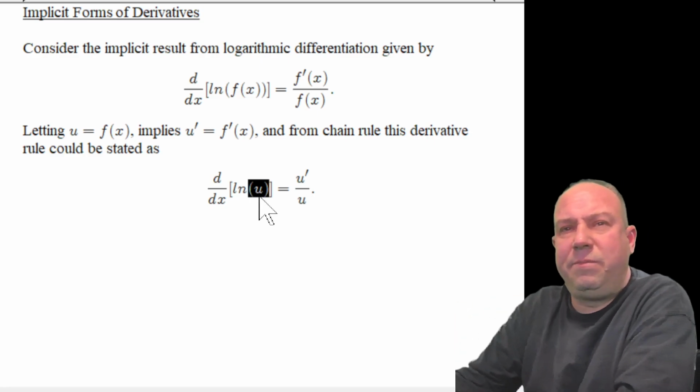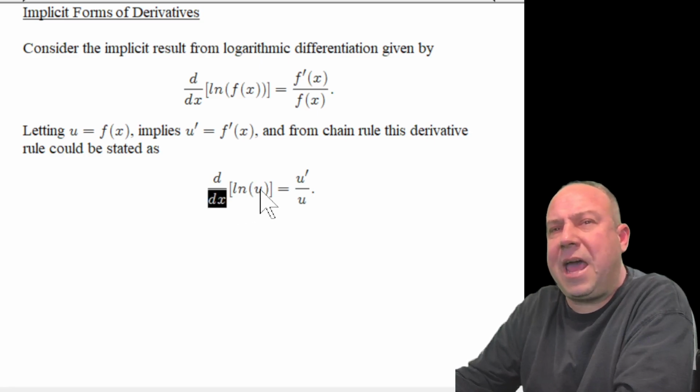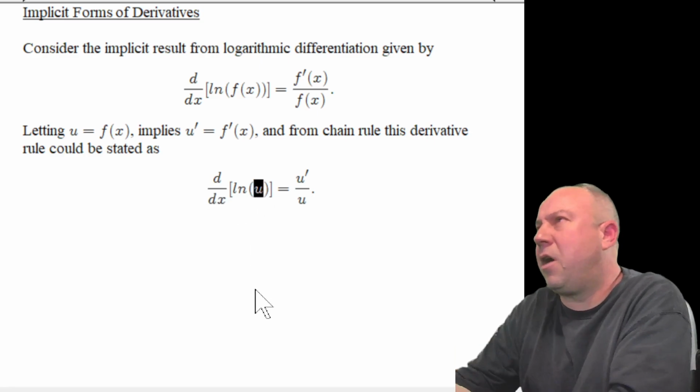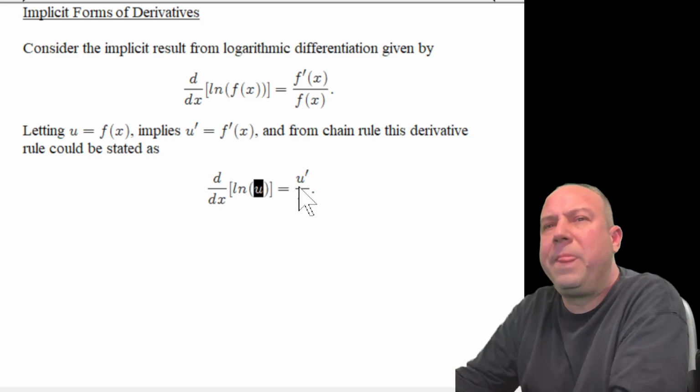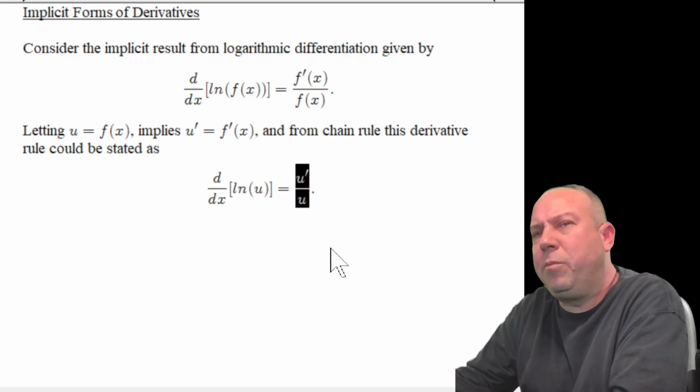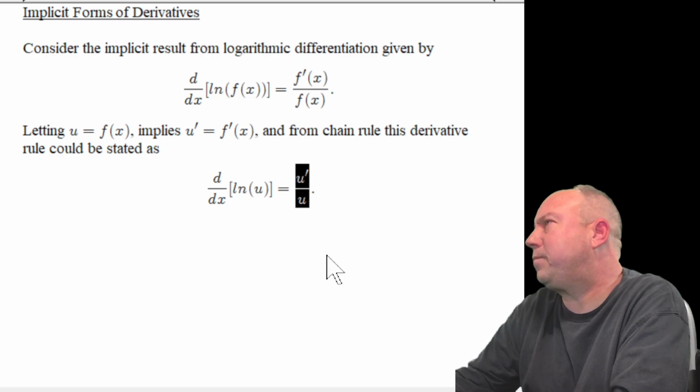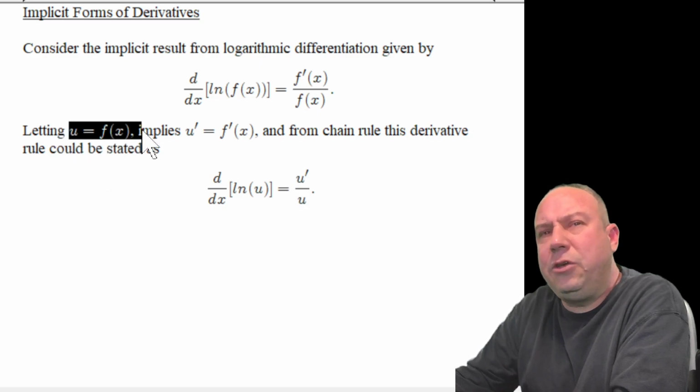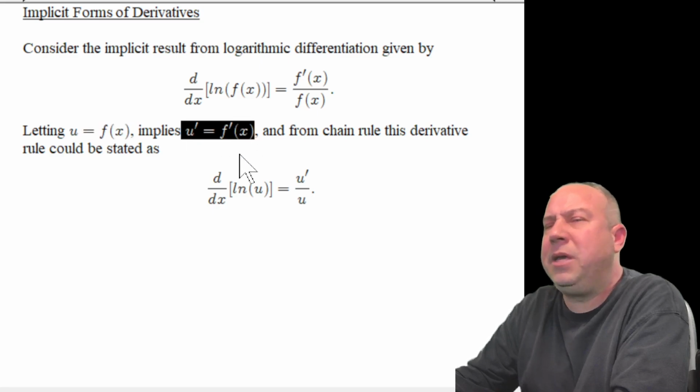The derivative with respect to x of the ln of u ends up becoming u prime divided by u, where u is our function f of x and u prime is its derivative.